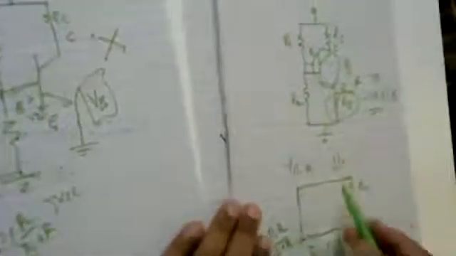Now, a very important thing that I want you people to understand, because in most of the circuits, you may not find a circuit somewhat like this. When I draw a circuit like this, let me say that this is my transistor, so this is the collector, emitter, and the base.